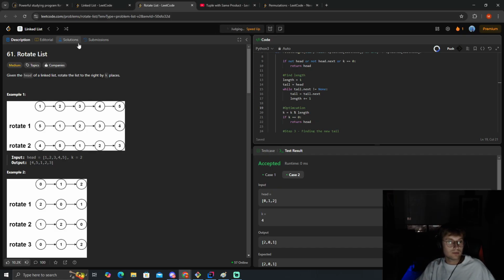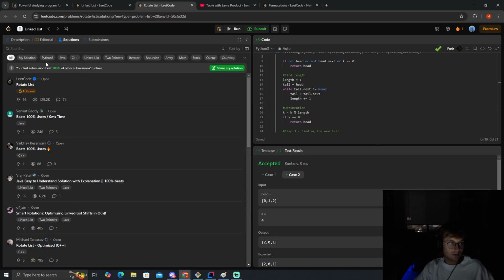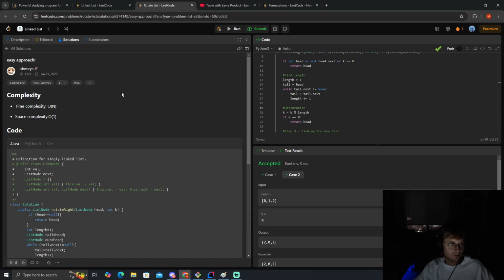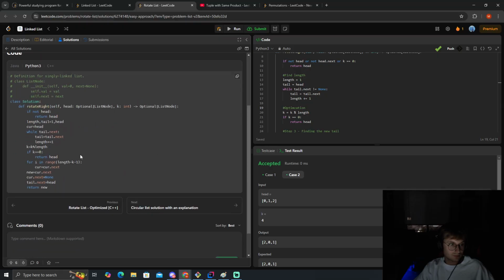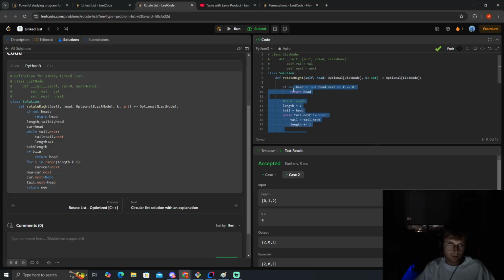So I generally don't understand. Finding the length here. If k is equal to 0, return head. If not head, return head.